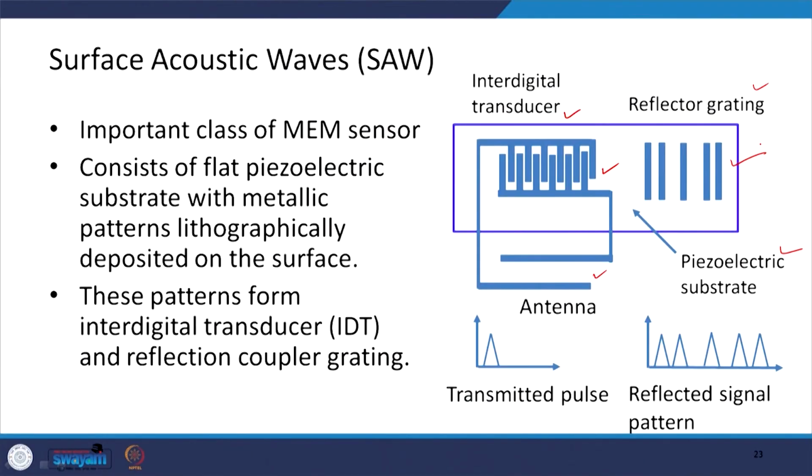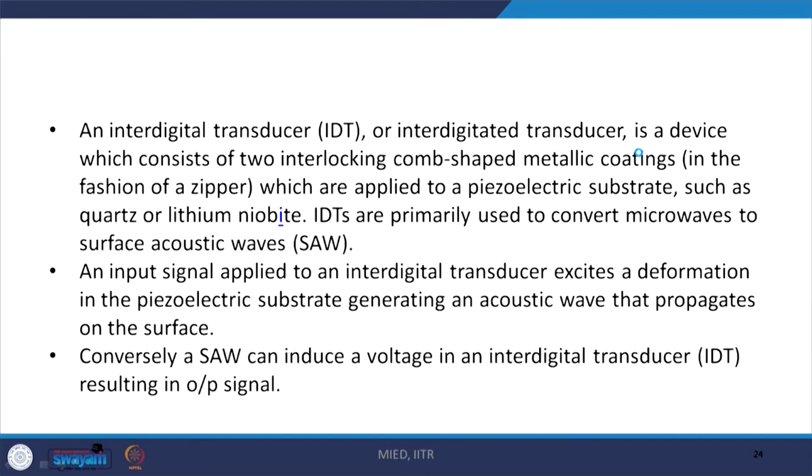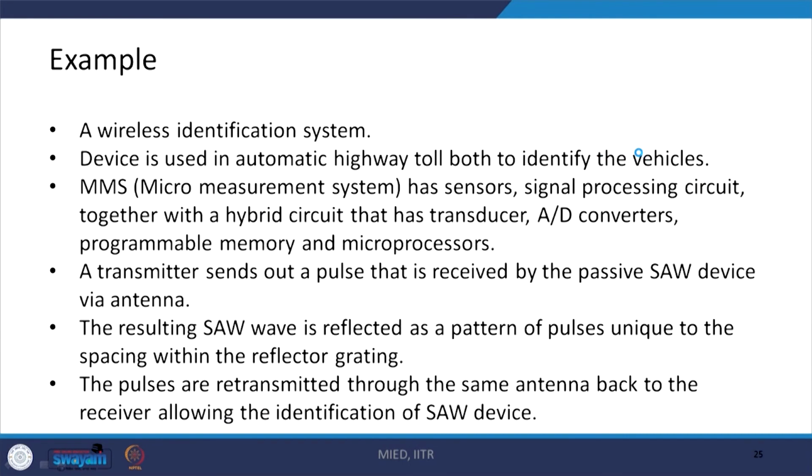The resulting SAW wave is reflected as a pattern of pulses unique to the spacing within the reflector grating. So, here this is the reflector grating. The reflected signal pattern will depend on how this reflector grating is formed.